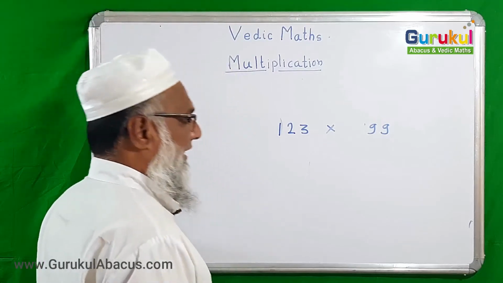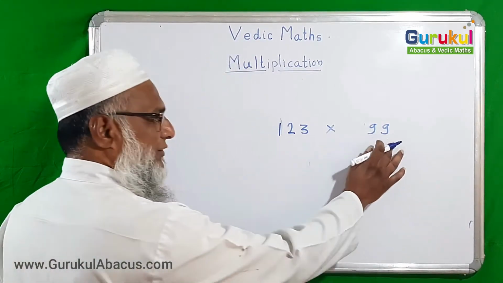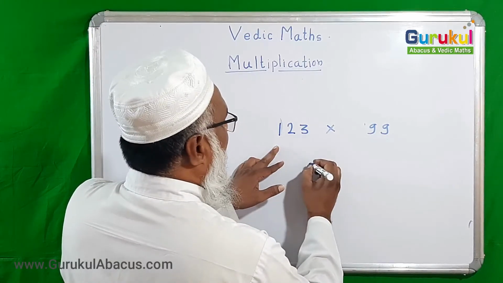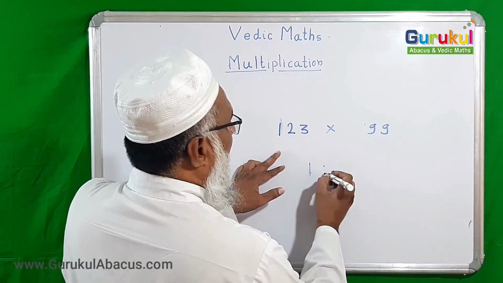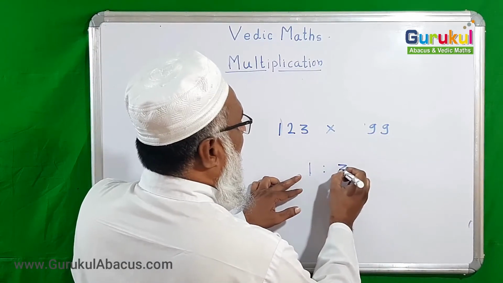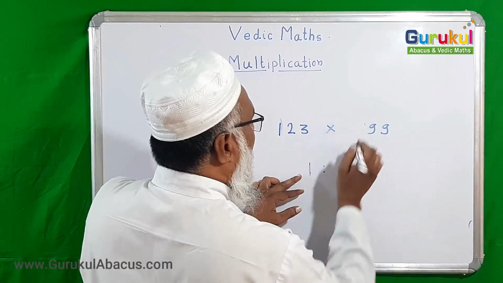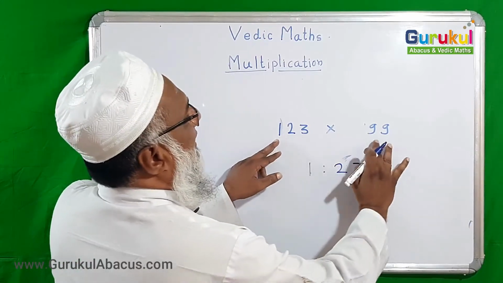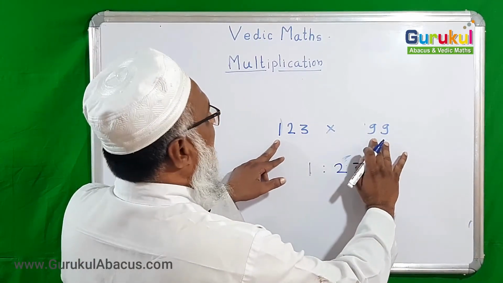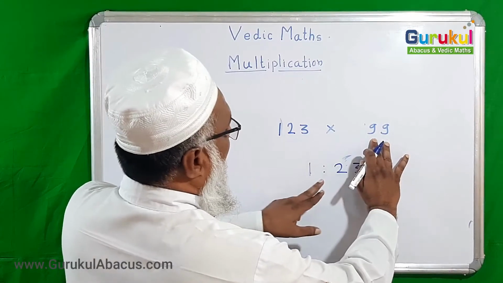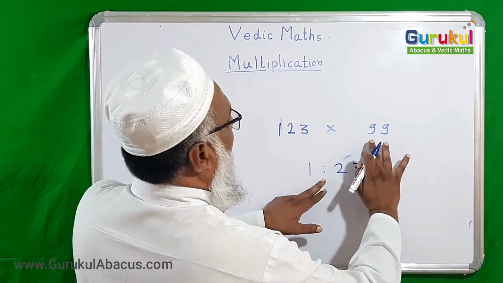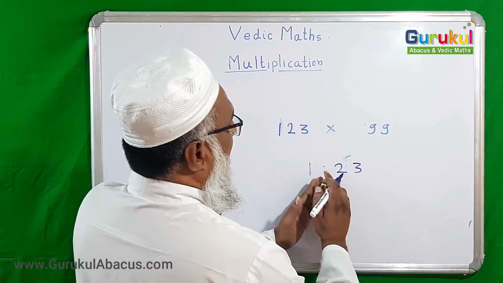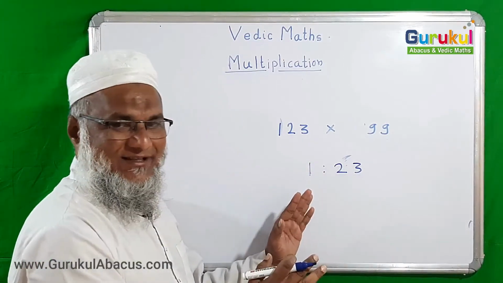Now just see how to write it if it is a 2-digit number. I am writing 1 from the 123 here, and putting this colon sign, and then writing 23. It means in the 99 there are 2 digits, so out of the given number, 2 digits I kept on the right side of the colon.